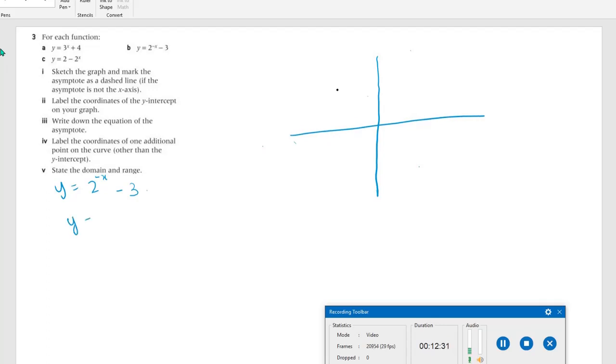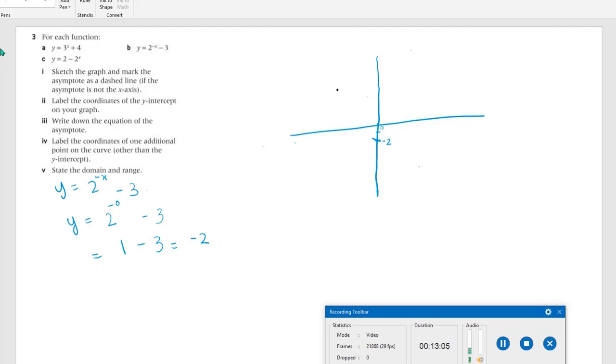To check the y-intercept, we have to put x equals 0. Anything to the power 0 would be 1. So it is minus 2. So the coordinate of the y-intercept would be (0, minus 2). Okay, so the graph should cut the y-axis here.